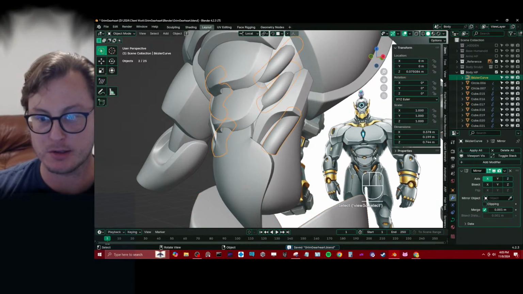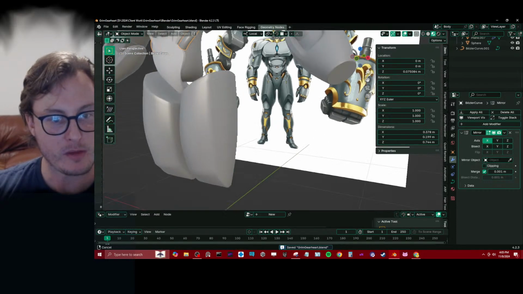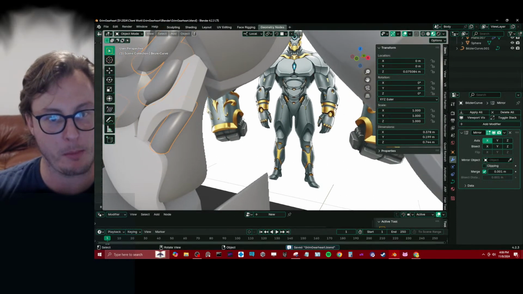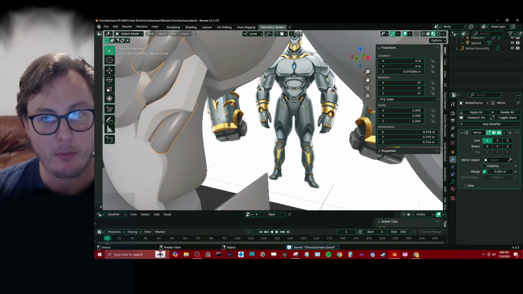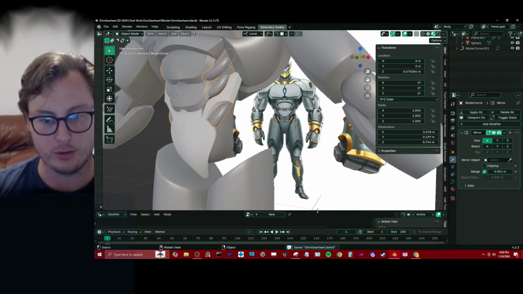I really want to make these nice and segmented. So you guessed it, we're going to GeoNodes. It's what we gotta do.